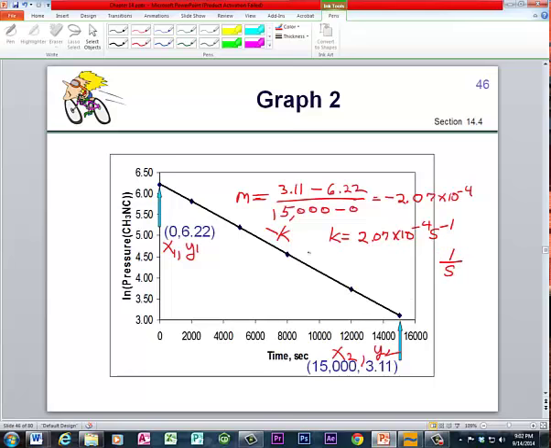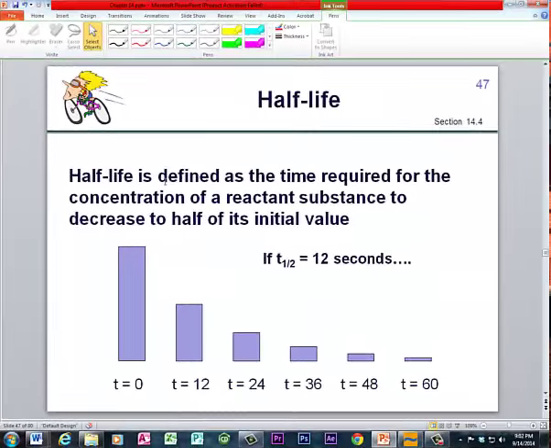Now that we know the rate constant, we can use the rate constant to come up with the half-life for a reaction. Remember, the half-life is defined as the time required for the concentration of a reactant substance to decrease by half its value. So for instance, if this is our original concentration at time 0 and the half-life is 12 seconds, it'll take 12 seconds to get to 50% of whatever the starting value was.